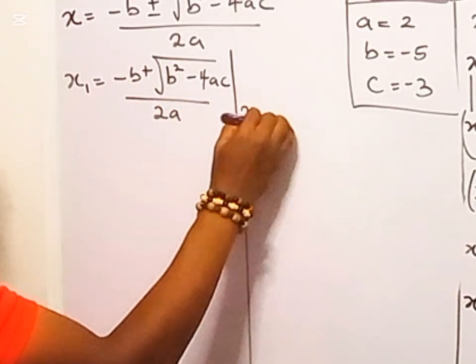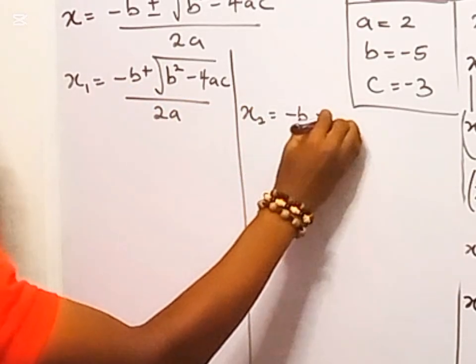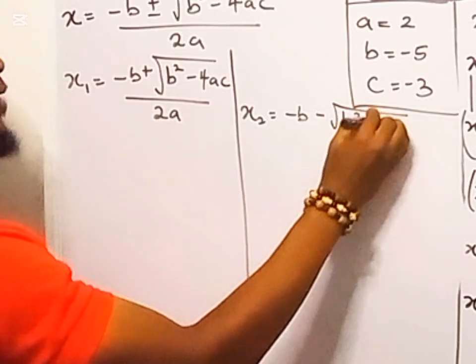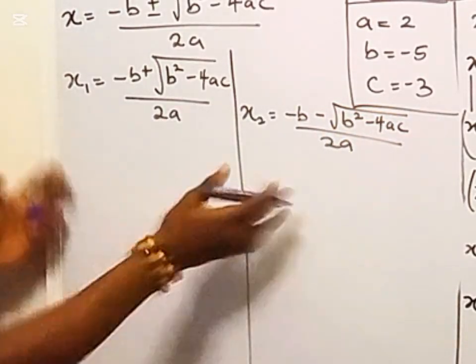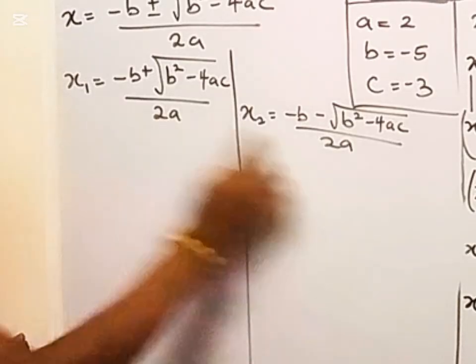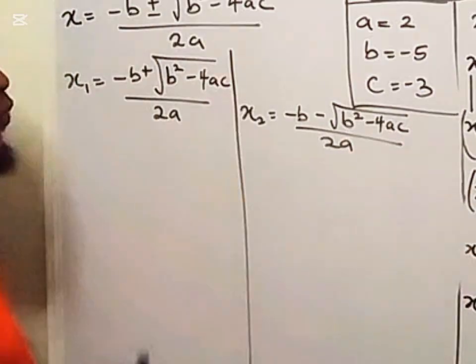And the second x will be minus b minus square root of b squared minus 4ac over 2a. So this is the formula method. So x1 and x2, let's see whether it will work.